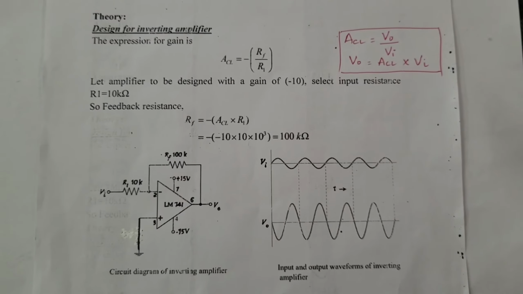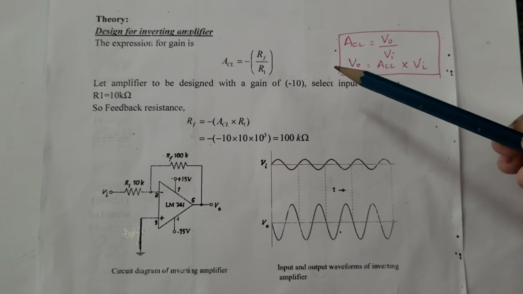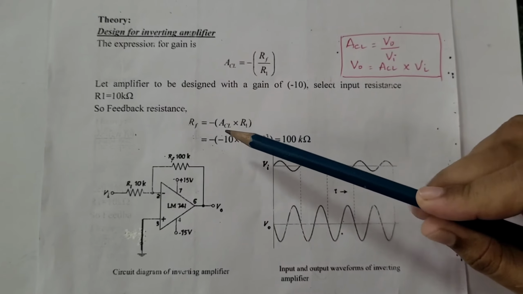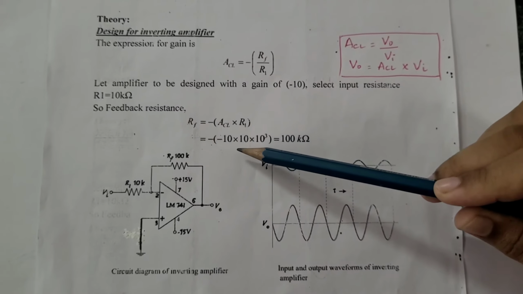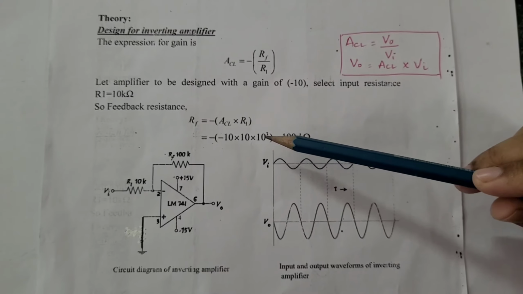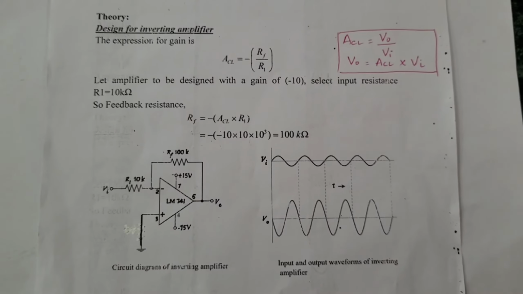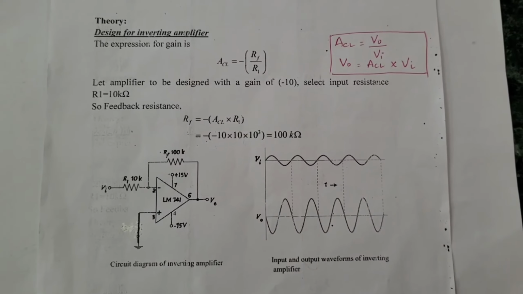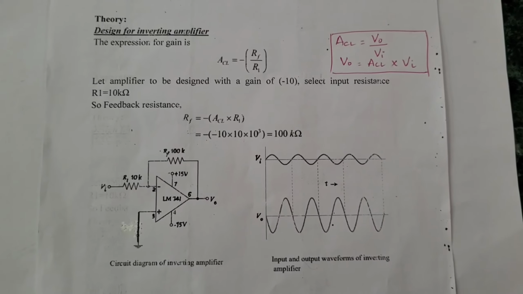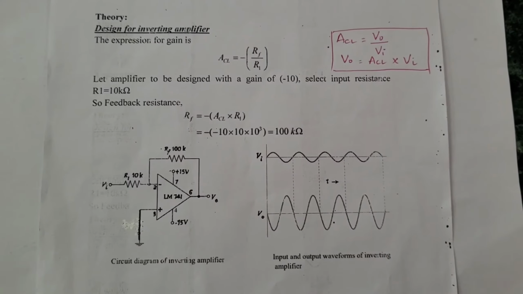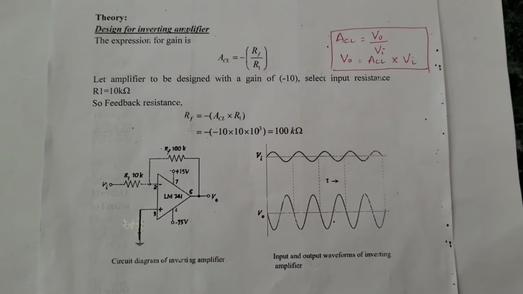Similarly, if the amplifier is to be designed with a gain of minus 20, then the feedback resistance RF will be 20 multiplied by 10 kilo ohm, which gives 200 kilo ohm. So, the value selection of resistors is significant for designing an amplifier.